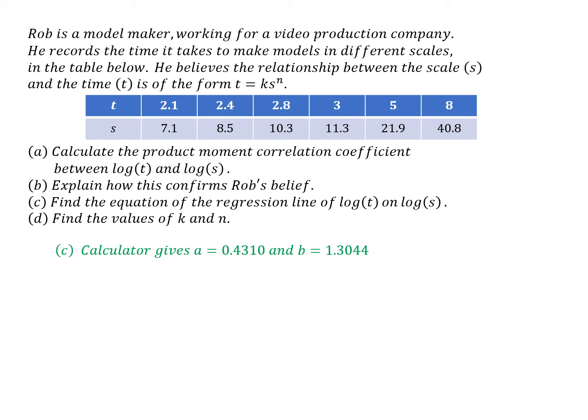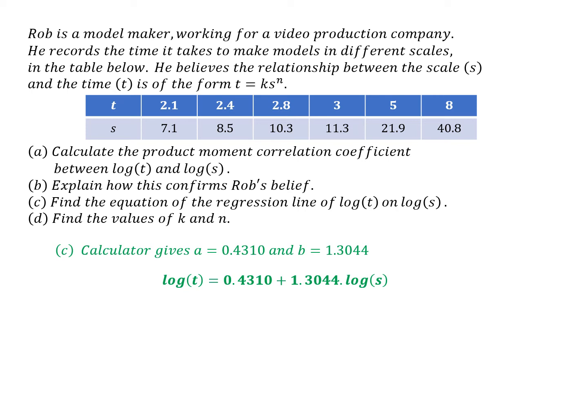So my calculator gave me that value for a and that value for b. So the equation of the regression line is this, a plus bx, or log s in this case, because we didn't use x, we used the logs of the s values. I hope you're following that. Okay, so that's the equation of the regression line of log t on log s.